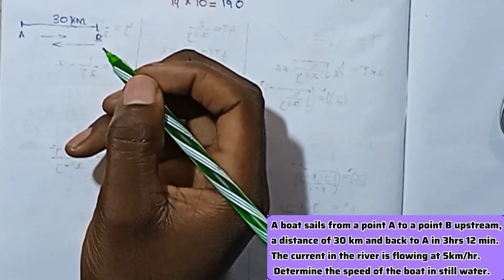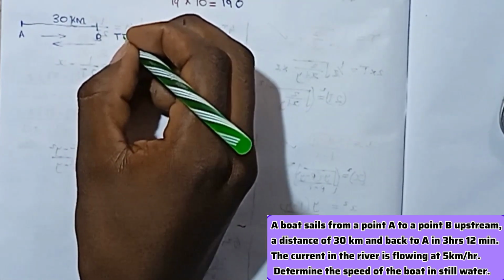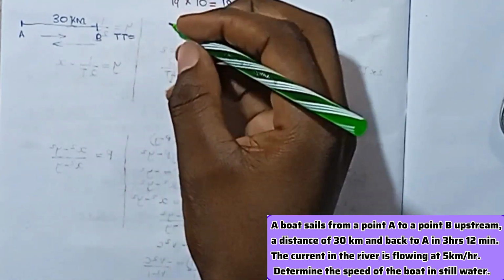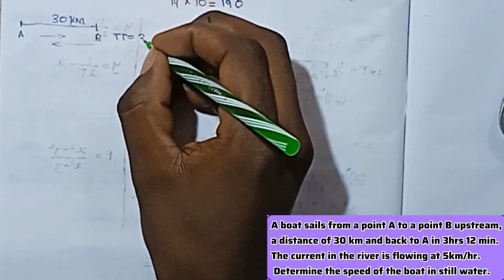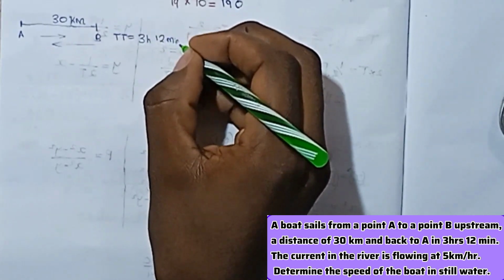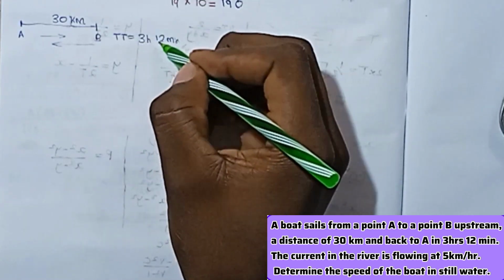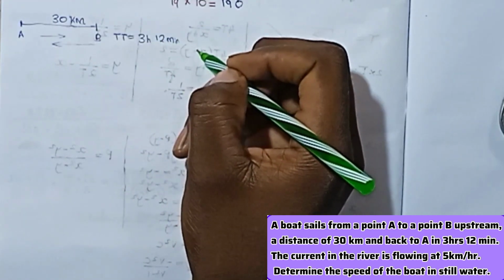So the total time taken is 3 hours 12 minutes. This 3 hours 12 minutes is equal to 3 hours plus 12 over 60 hours.